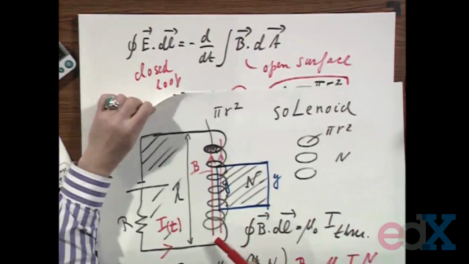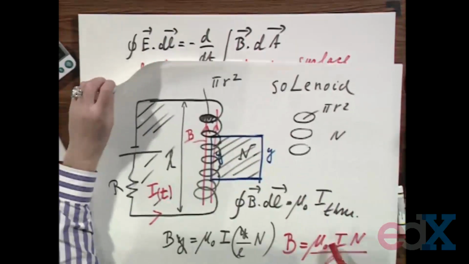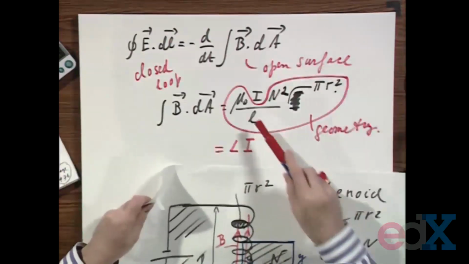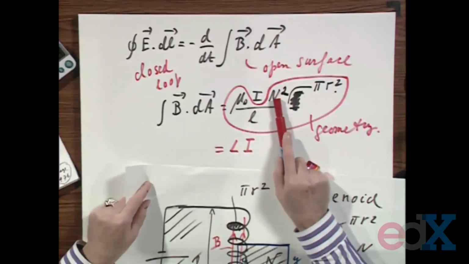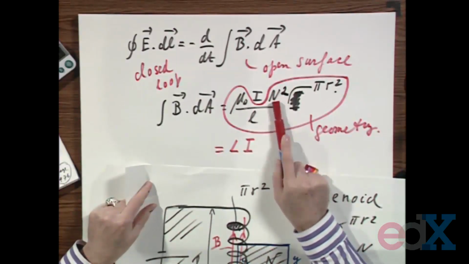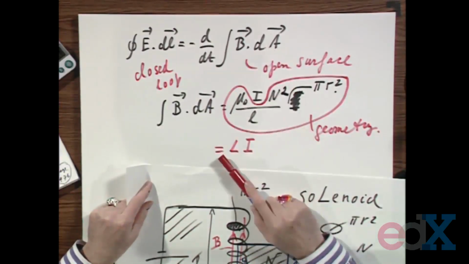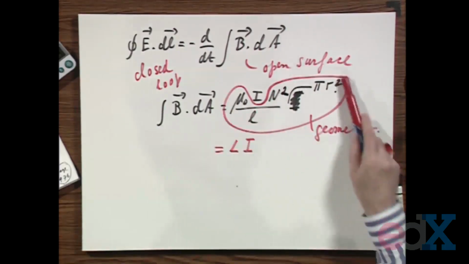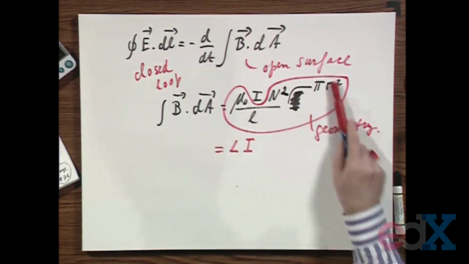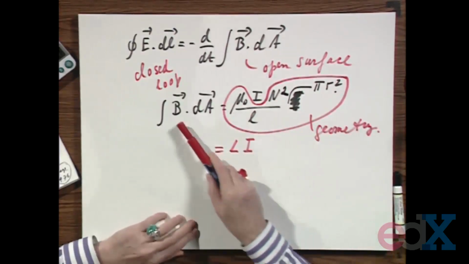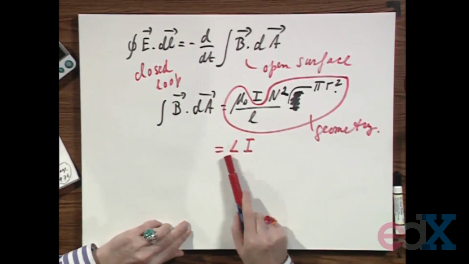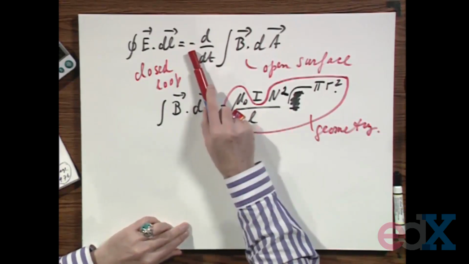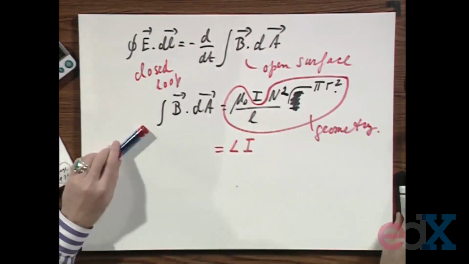One n comes in when you calculate the magnetic field, that's proportional with n. And the other n comes in when you recognize that the current pokes n times through that surface. Okay, and so this is the magnetic flux going through my open surface. And if you ever need the time derivative, well, then you would get L dI/dt. And of course you have here this minus sign.